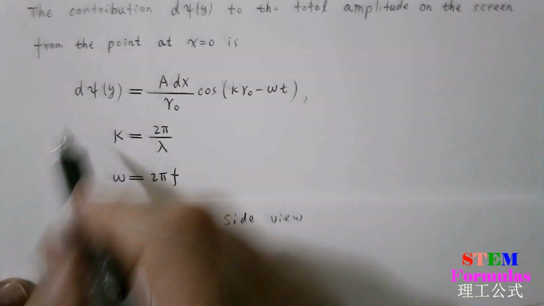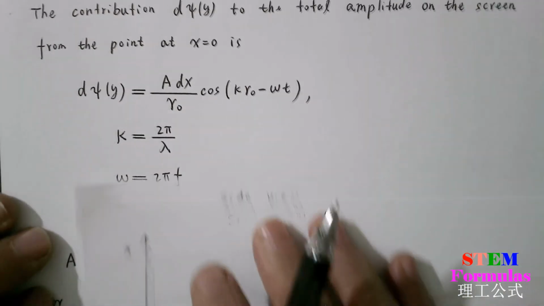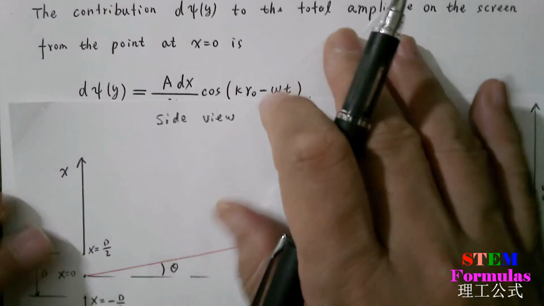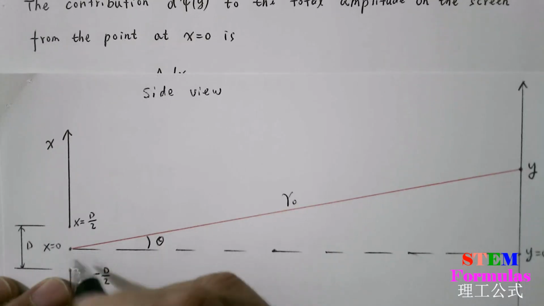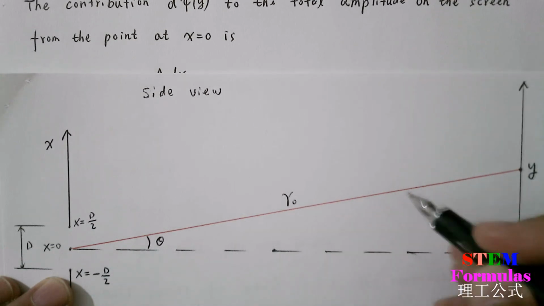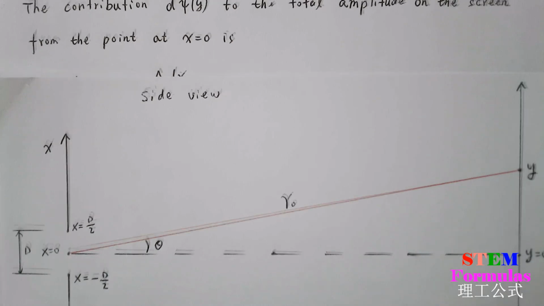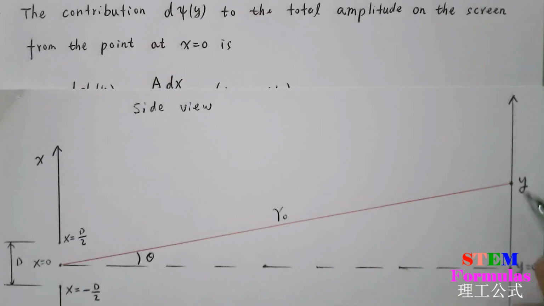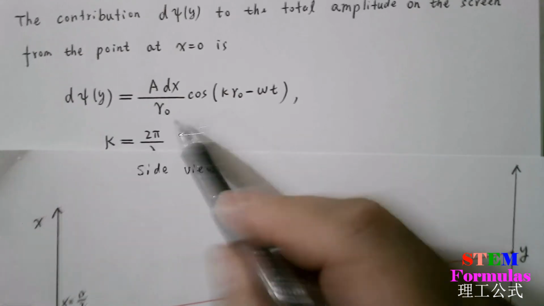So this formula describes the wave originating at x0, and the wave propagates to the point y. So let's visualize this formula.